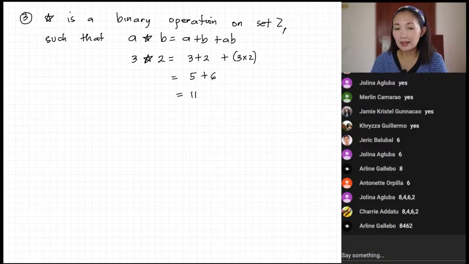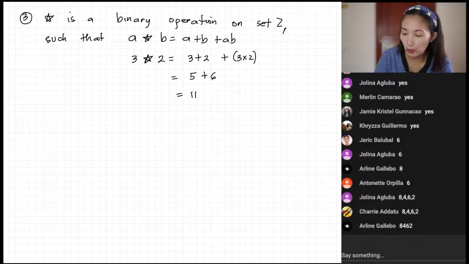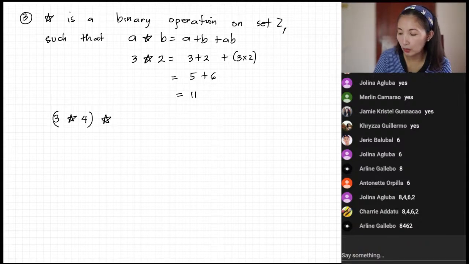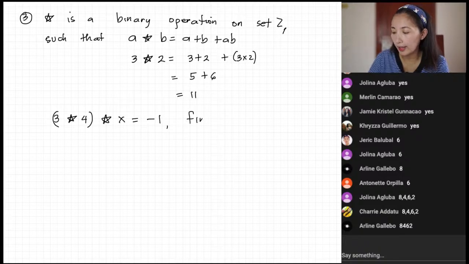Okay, but that's not the question. What is it asking for? Okay, suppose we have 3 star 4 star x is equal to negative 1. We are to look for x, find x.